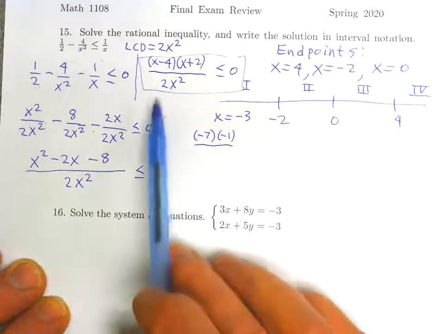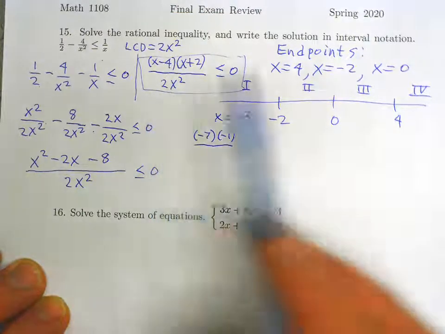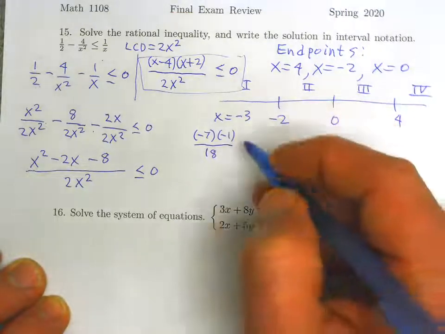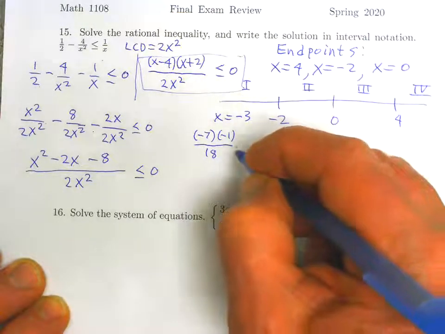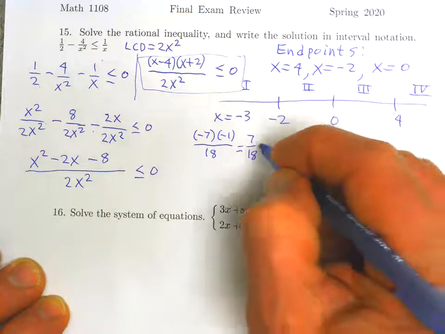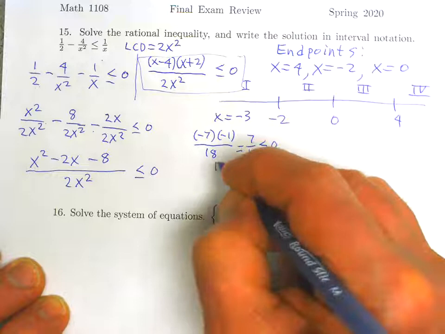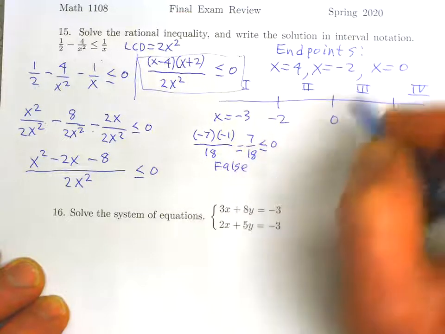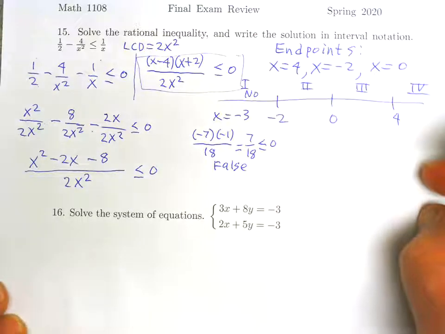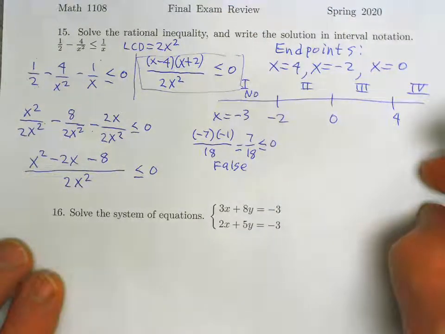And the denominator, 2 times the number negative 3 squared, is positive 18. So this number is positive 7/18. And the inequality is less than or equal to 0. So that's false. So that means none of the numbers from negative infinity to negative 2 are solutions.